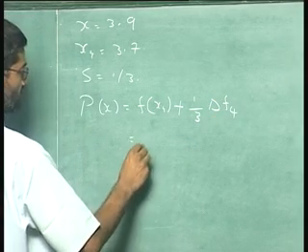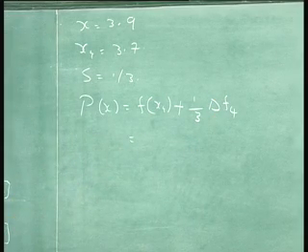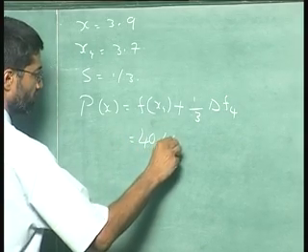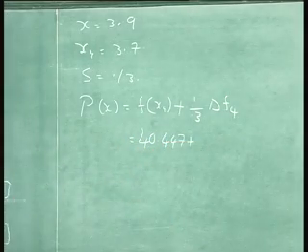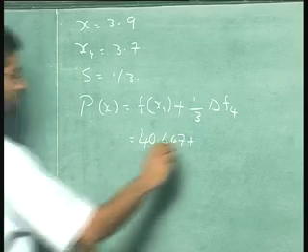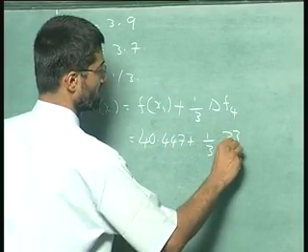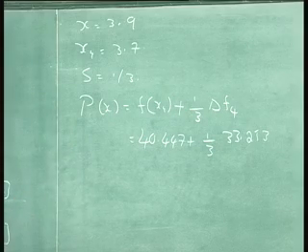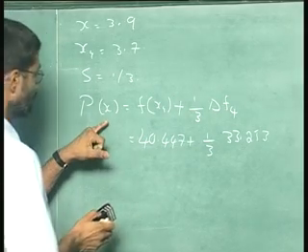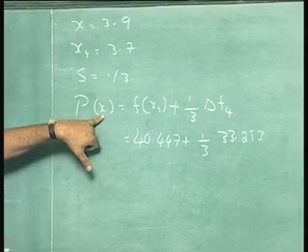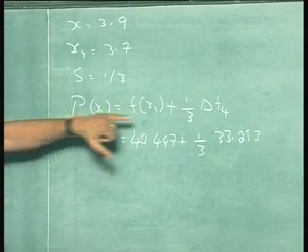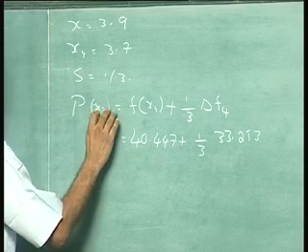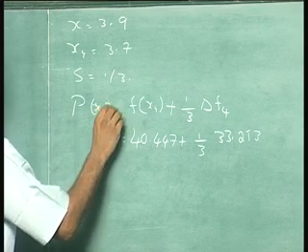So that turns out to be what we see here as 40.447 plus 1 by 3 into 33.253. That will be the value of p of x evaluated, because now everything is a number here.